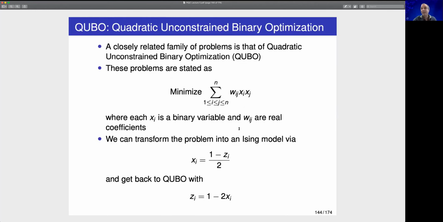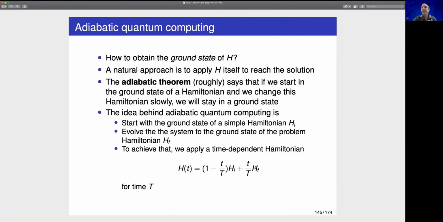So my final Hamiltonian will be that instance of the problem I want to solve. And the initial Hamiltonian is going to be a simple Hamiltonian for a situation in which I know, or I can prepare easily, a state that is in the ground state of this. It has the minimum energy relative to this Hamiltonian, okay?